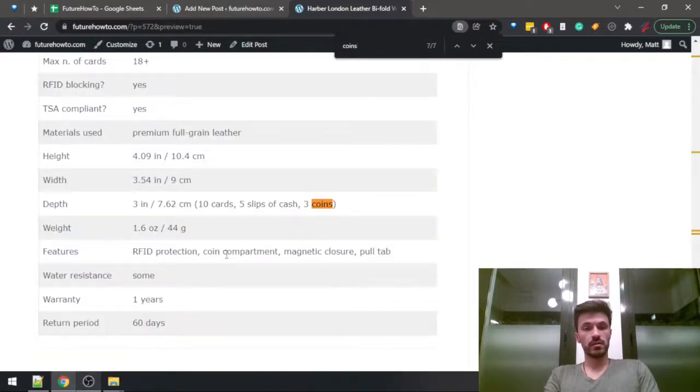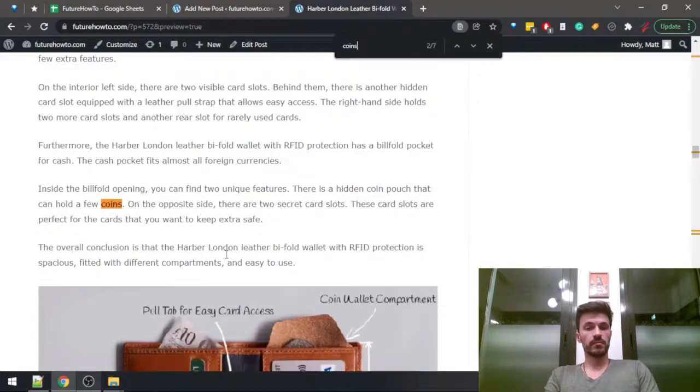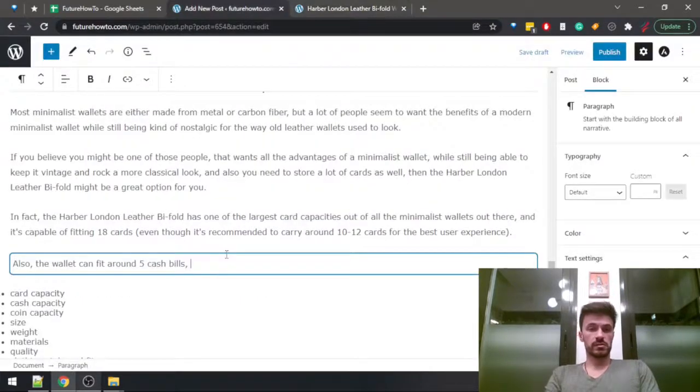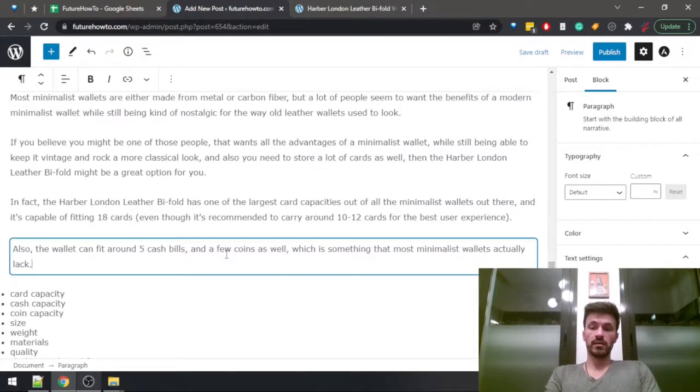Nice. And a few coins as well, which is something that most minimalist wallets actually lack.